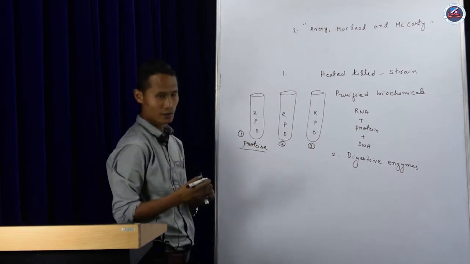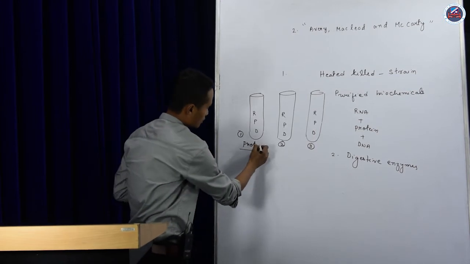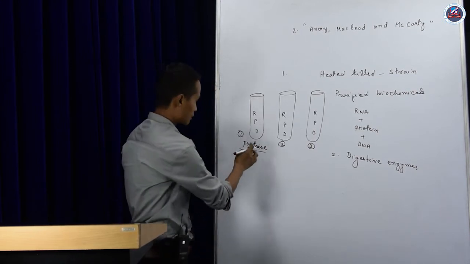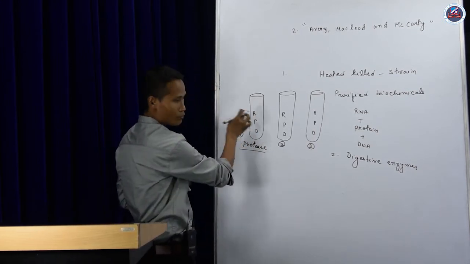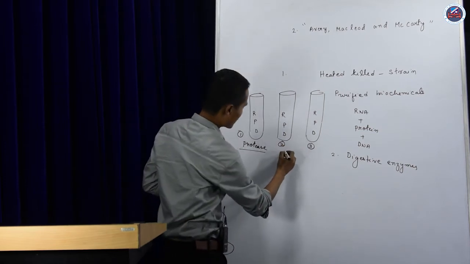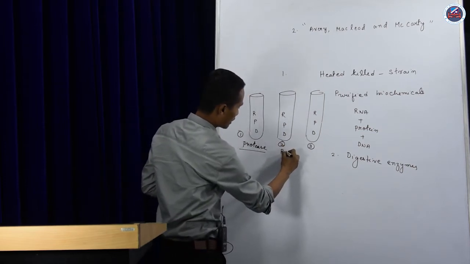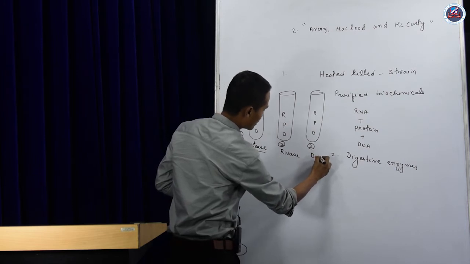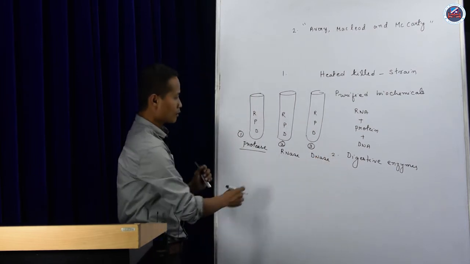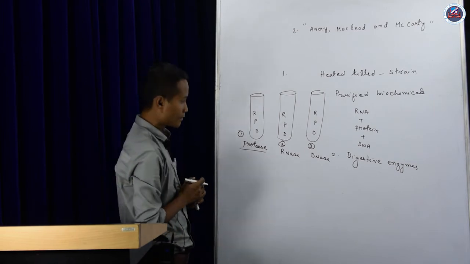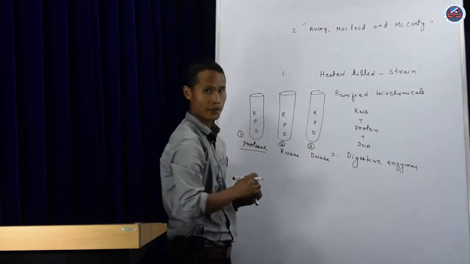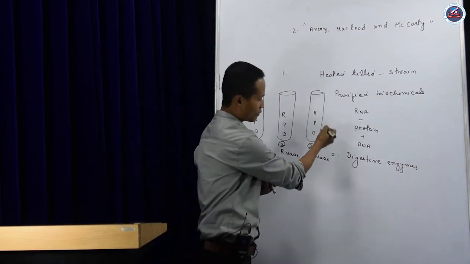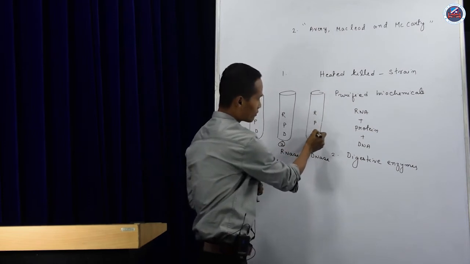Protease is going to degrade protein. In the second test tube they took RNase, and in the third they took DNase. If RNase is there as a digestive enzyme, it is going to degrade RNA. DNase will degrade DNA.